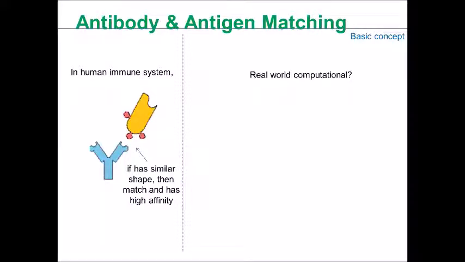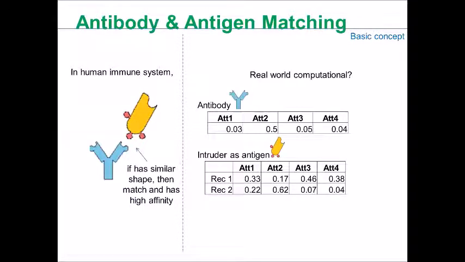In neural computation, let's say this is our data. We have the antibody, and then we have the intruder or antigen. This is our record, our data. The antibody can recognize the antigen if they can bond together, if they have a similarity. For similarity, we can use the Euclidean distance to measure.